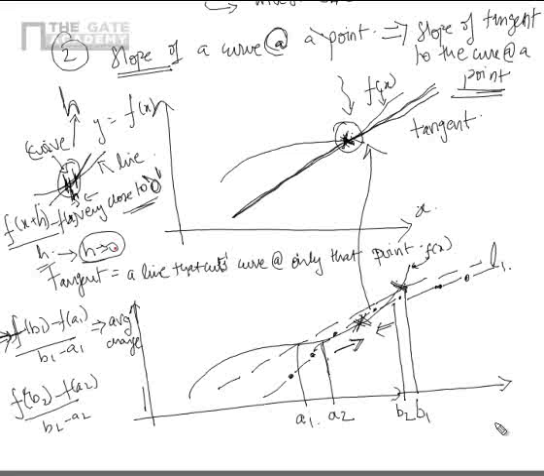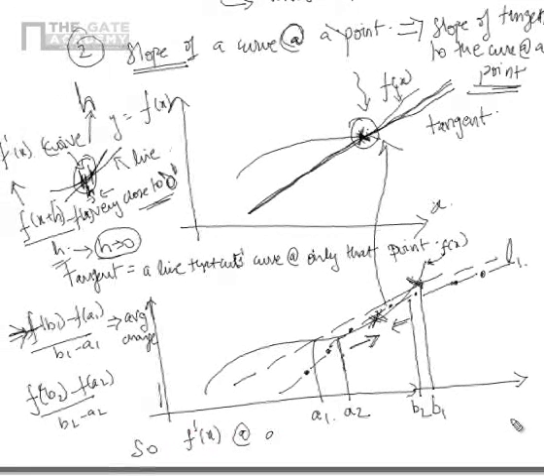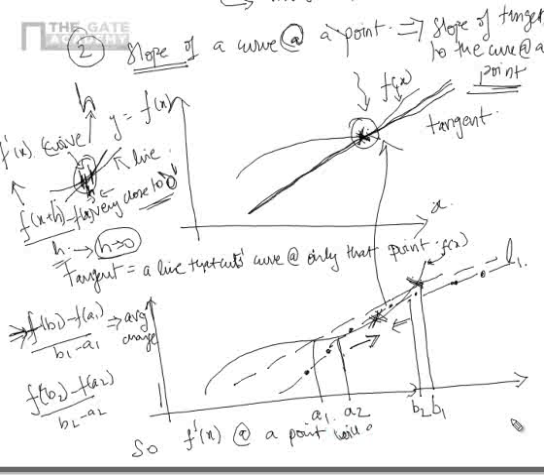And what is this? This is nothing but f dash of x. So f dash of x at a point will give the slope of the tangent to the curve.